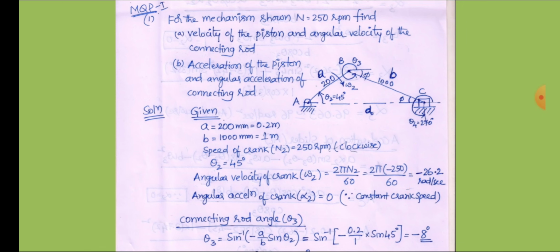Second point, you must remember clockwise should be taken as negative and anti-clockwise as positive, because that is how we derived all the 5 formulas. Suppose in the statement you find clockwise, that value should be substituted as negative, and if it is anti-clockwise, positive. So 3 points especially.